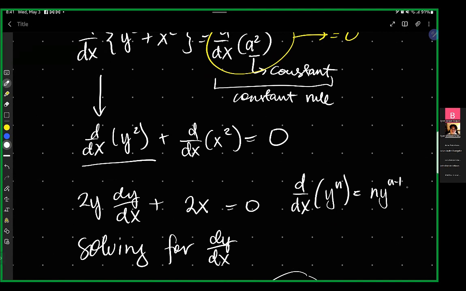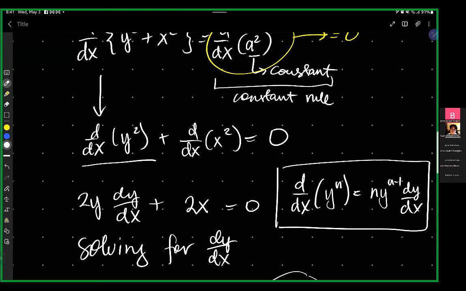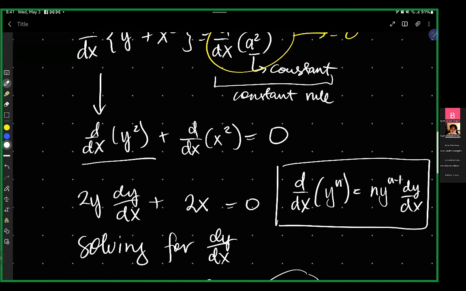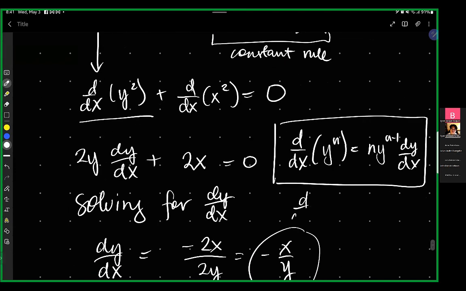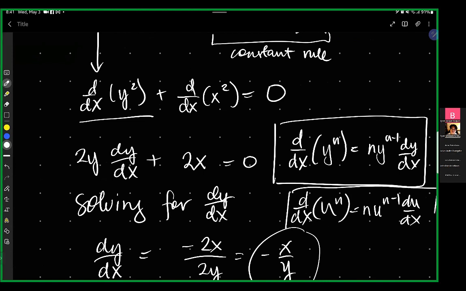You'll gain the following. So basically, it's just the power rule for any function u of x, which is very similar to this. So all along, this is what we're doing.